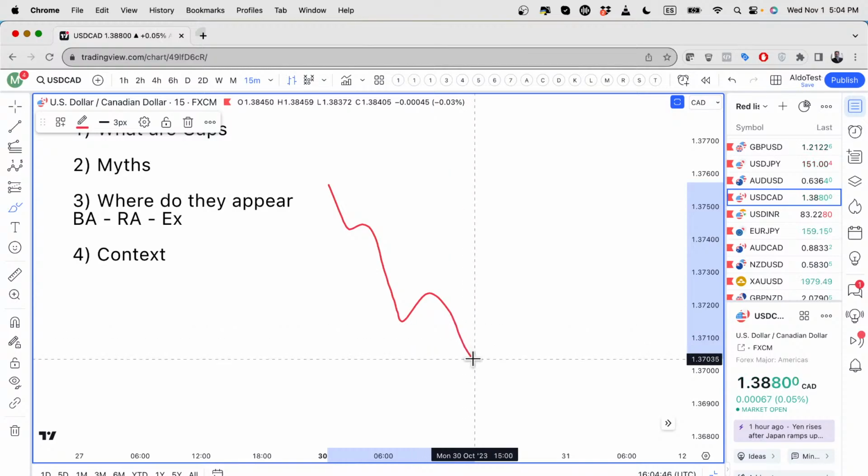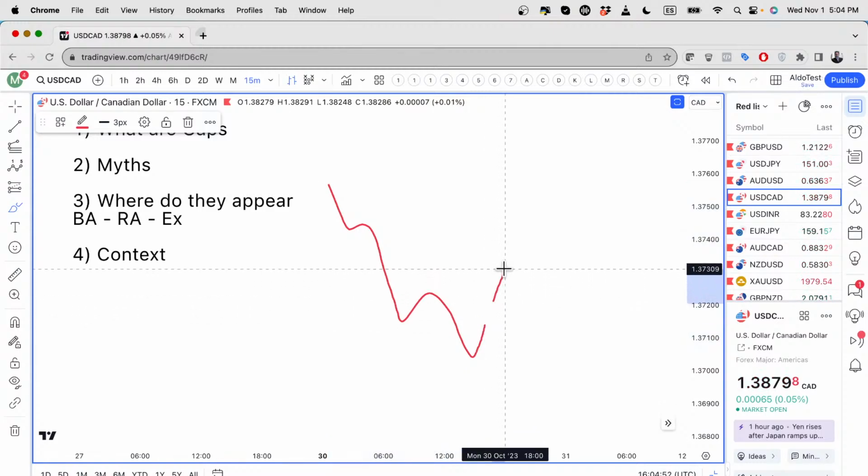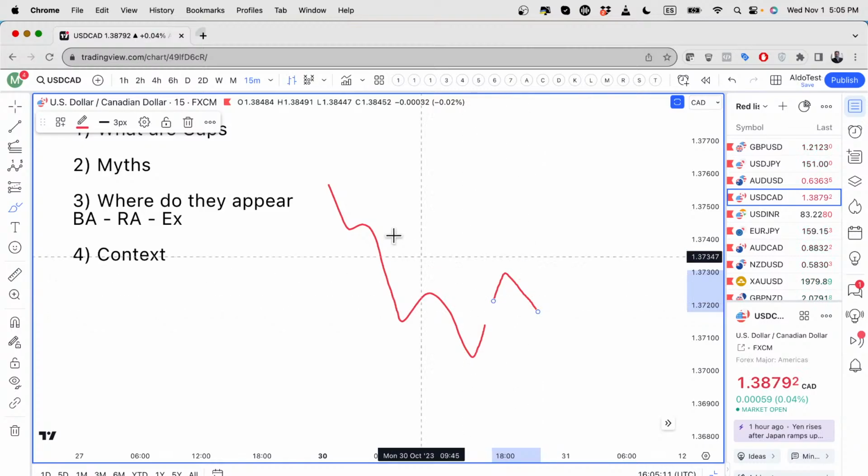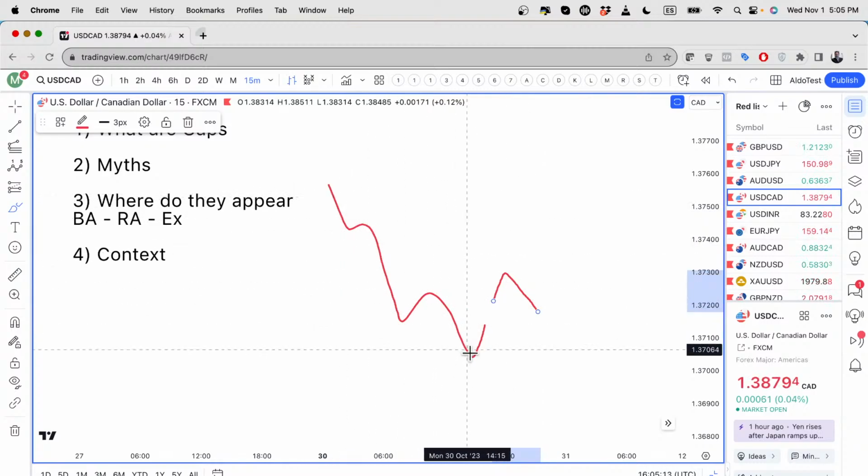So now a new trend begins, and when that new trend begins, a gap may appear. That gap may or may not be filled. In other words, prices may retrace, may even fill a portion of the gap, not necessarily the entirety of the gap.